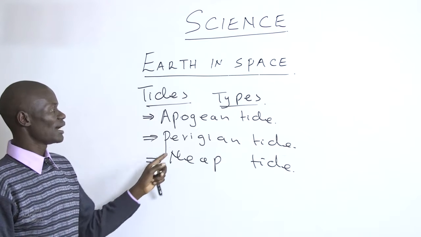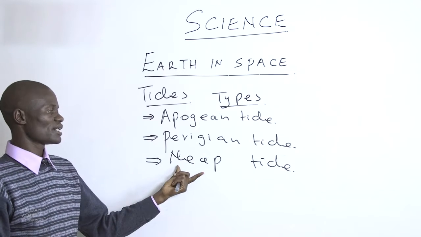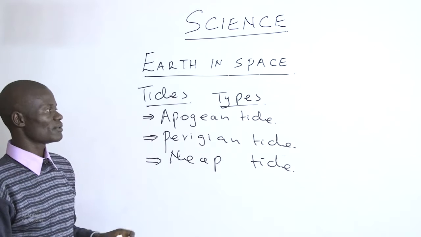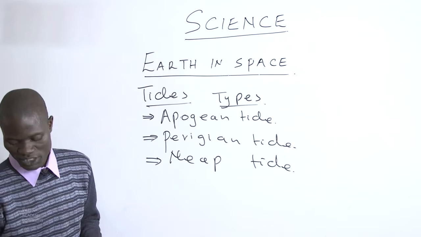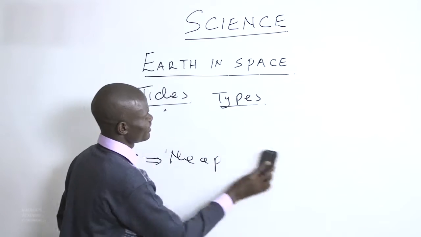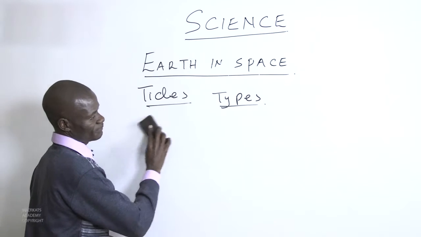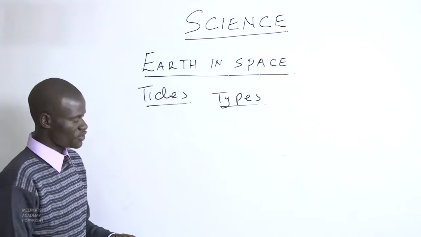How the Perigean Tide and the Neap Tide occur, there are some slight differences. But before we look into it, let us look at how the range of a tide appears first along the large water bodies.